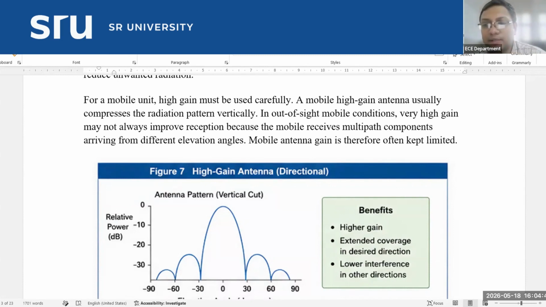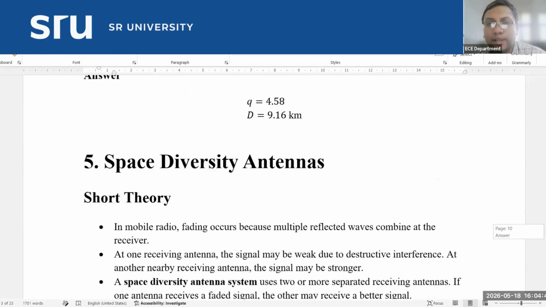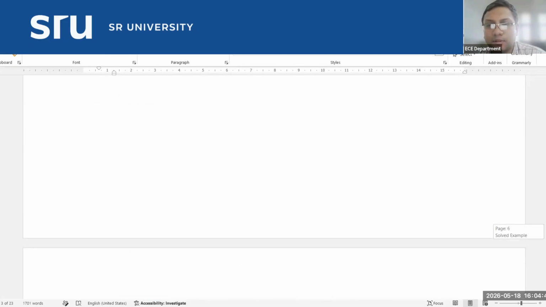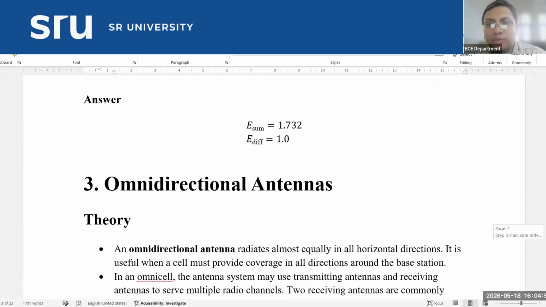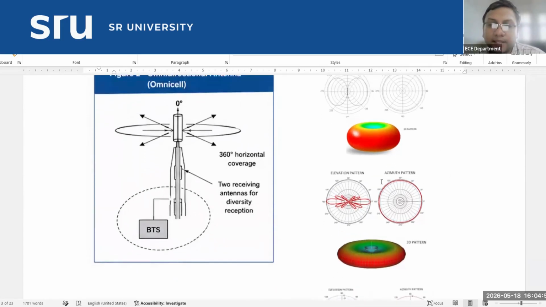I've given 3 examples of omnidirectional low gain and high gain antennas. Basically omnidirectional in one plane only, so only the horizontal plane is omnidirectional, but the vertical plane is not like that.